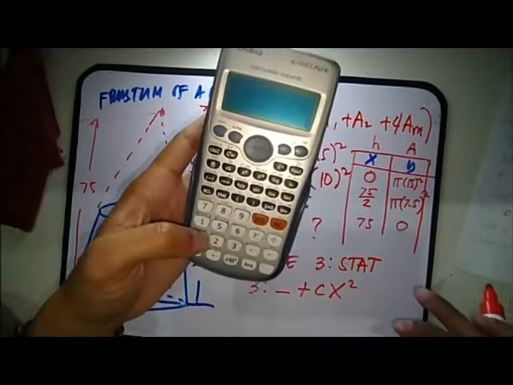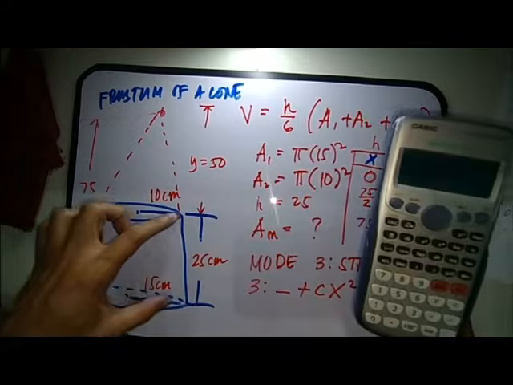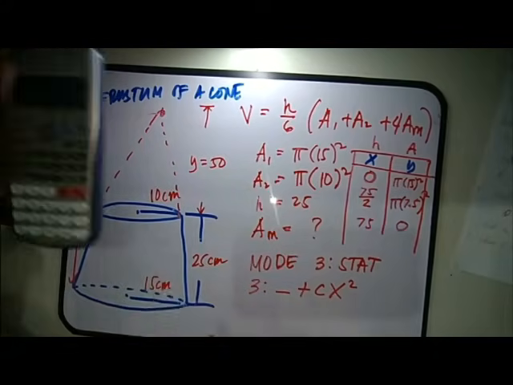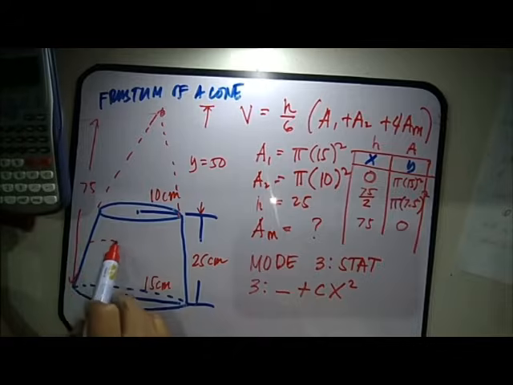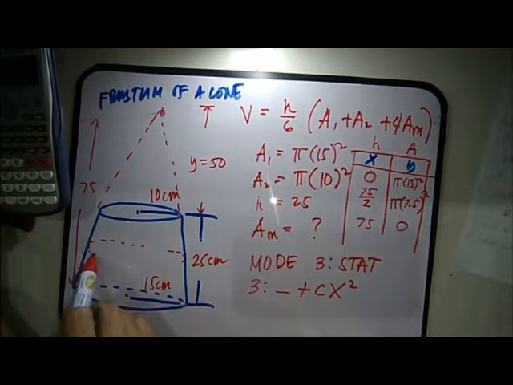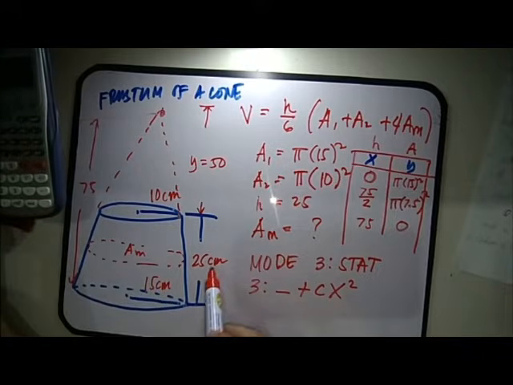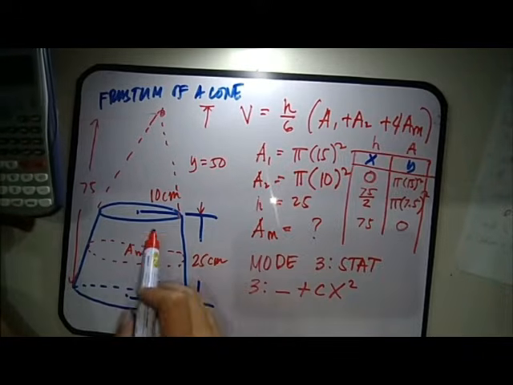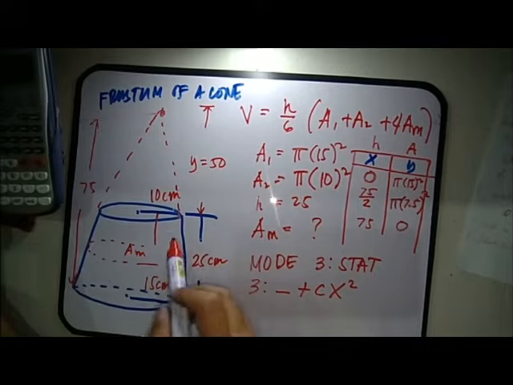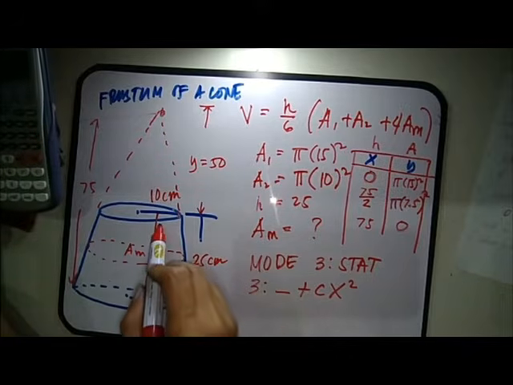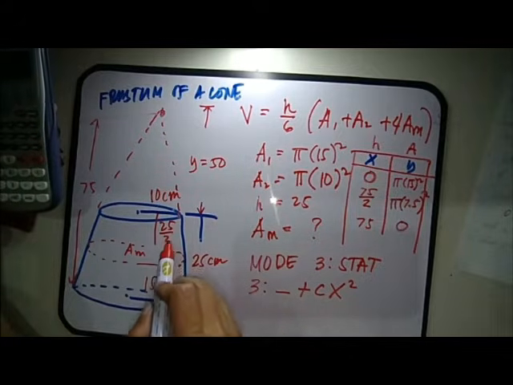Then ang gagawin natin is kunin natin yung area at height 1/2 nito, kasi ito lang naman ang figure na kailangan natin. So yung mean area dito, at 1/2 nung 25 na height. So this is 25 divided by 2. So this is 12.5.